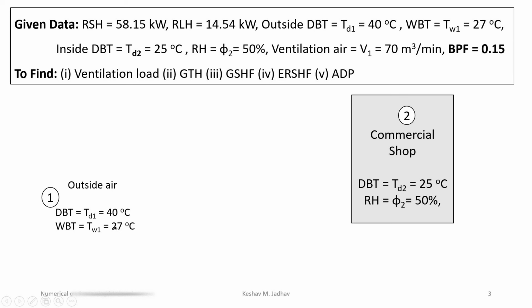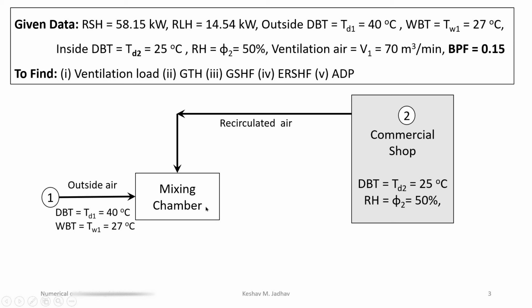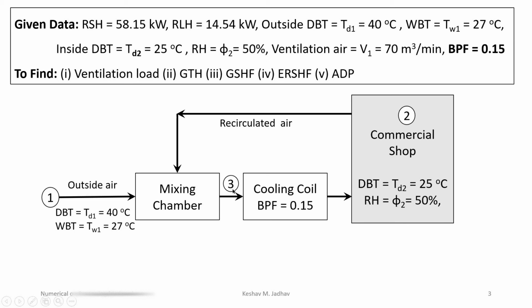So this outside air and this return air, which is recirculated air, it is mixed in the mixing chamber, and then this air, it is supplied over the cooling coil having bypass factor 0.15, and then it is supplied to the room. So here outside condition is point 1, inside room condition is point 2. After mixing it is point 3. Then after passing that air over the cooling coil it is point 4.